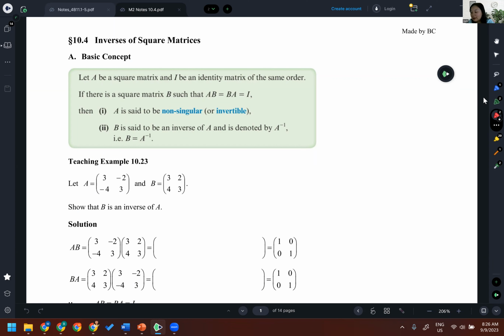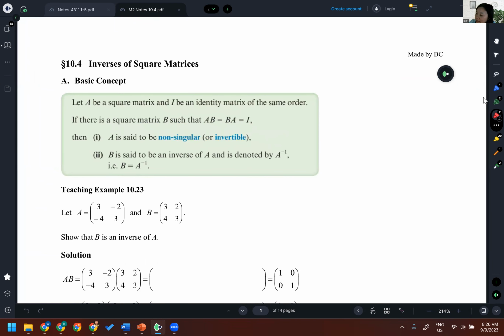For example, in the past, if I have 5x equals 7, I know that we also learned division, but let's say we do not use the concept of division. Let's use the inverse of 5. If I have the inverse of 5, which is 1 over 5, then I can multiply and then get x.